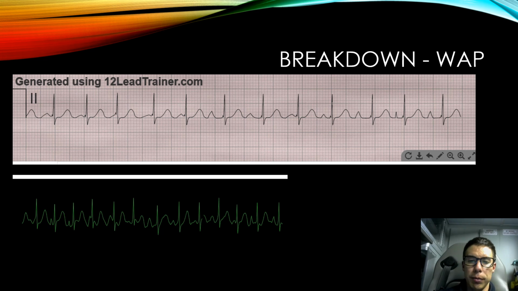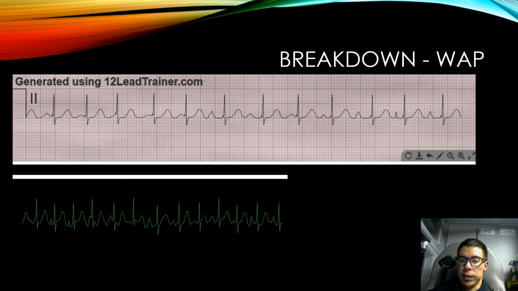Is this rhythm regular? Let's check RR intervals. So no, because like right here, it's kind of close, but then right there is a little longer. So it's not very irregular, but it is irregular. So no, this is not a regular rhythm.